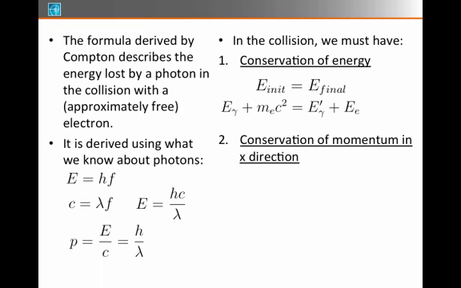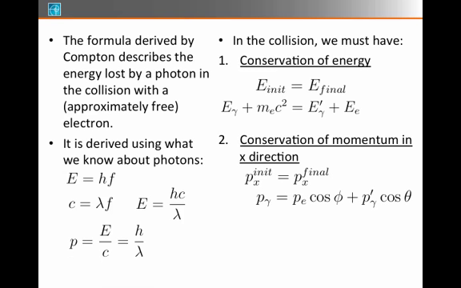He also argued that we have to have conservation of momentum in both directions of x and y. So in the x direction, we have to have the initial p sub x equal final p sub x. If we write that in terms of variables we had before, the photon was initially traveling in the x direction, so it's just p gamma, and the outgoing electron has a momentum p sub e and is traveling in some direction phi with respect to the original direction taken by the photon.